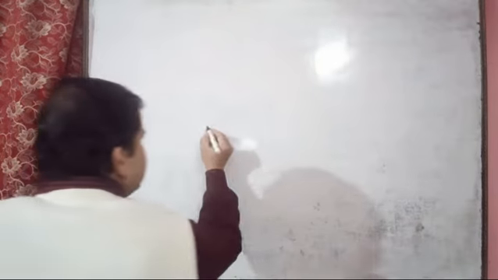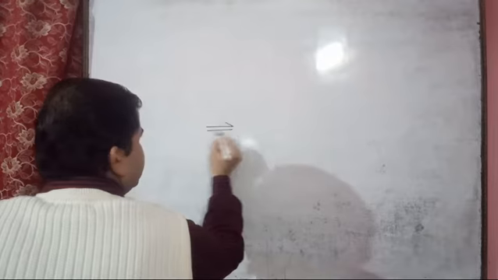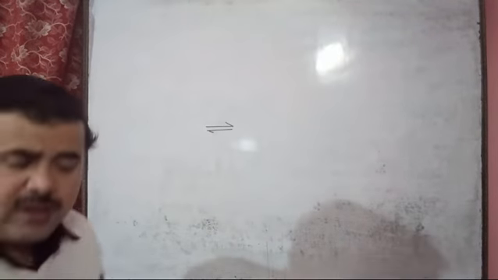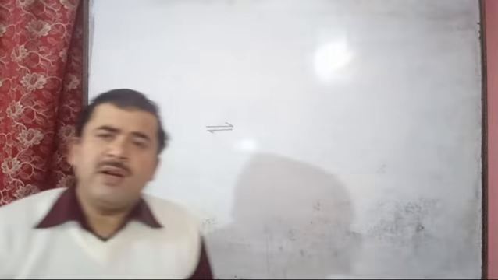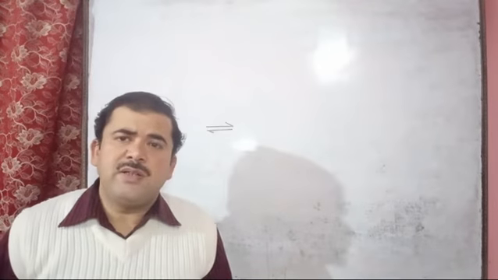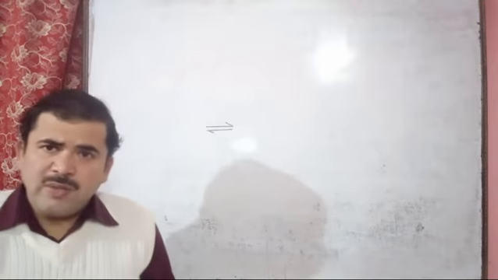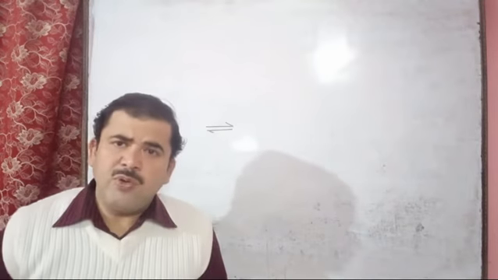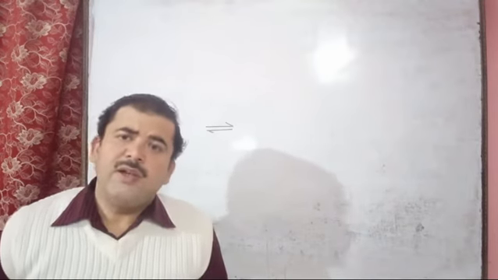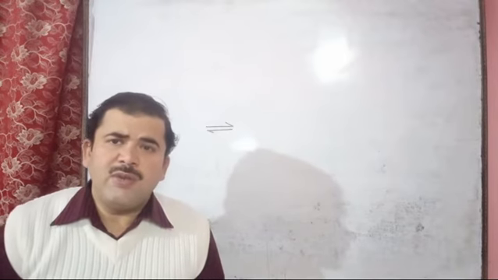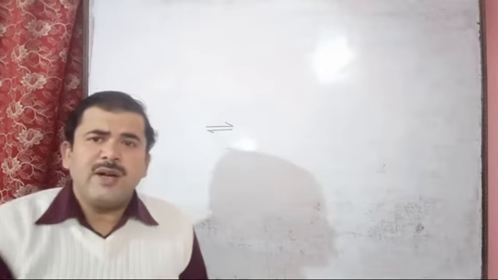So this is the reversibility sign, which means the forward reaction and the backward reaction both take place here. From the reactants we get the products, this is the forward reaction, and from the products we can get the reactants again, this is the backward reaction. So this is the sign for reversibility.